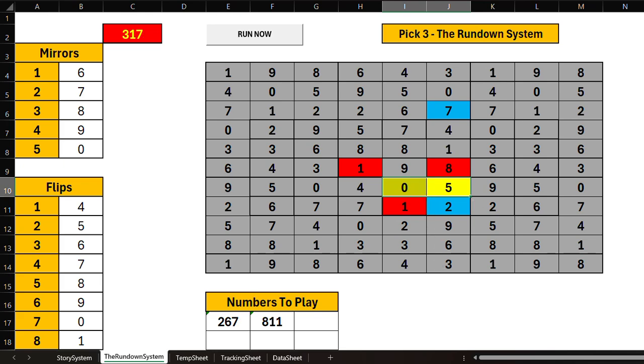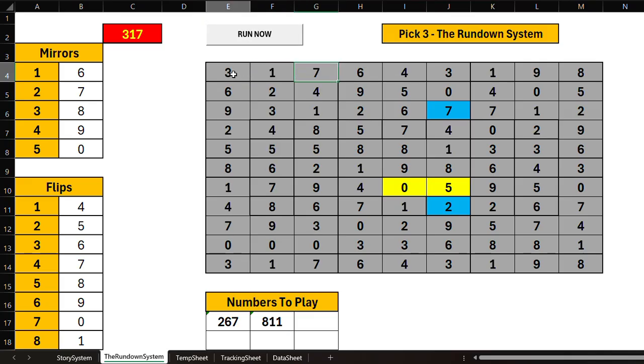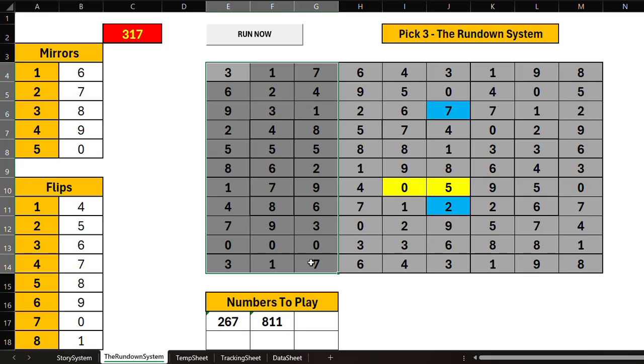The other way that I like to play is to use the 317 rundown itself. So I'll put 317, right? This is the original 317 rundowns.